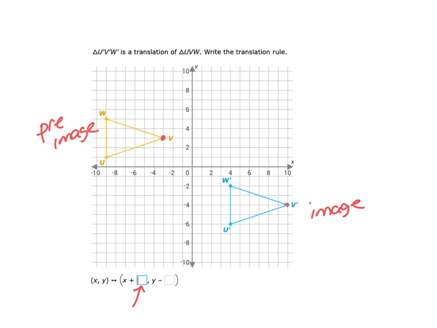Be careful. Maybe identify where you're headed. And here I'll count. 1, 2, 3, 4, 5. 1, 2, 3, 4, 5, 6, 7, 8, 9, 10, 11, 12. It looks to me like I'm going 13 to the right. And then I'm going down 1, 2, 3, 4, 5, 6, 7. So x plus 13, y minus 7.